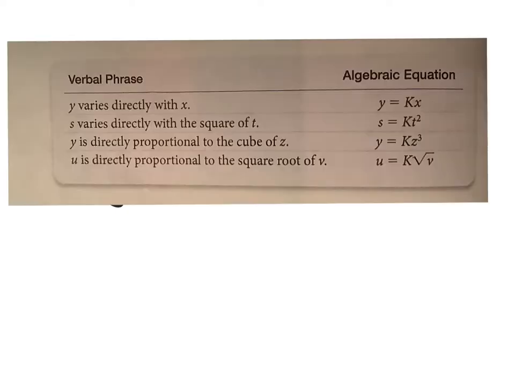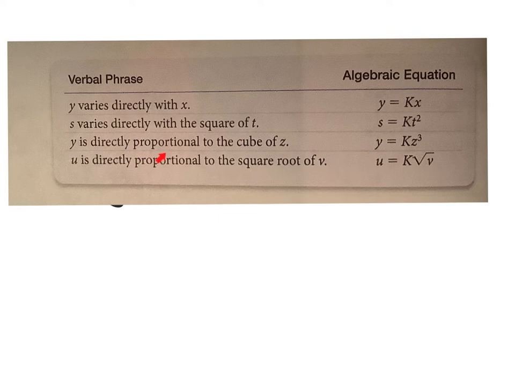So if you look at the top of page 278, you can see that there are some phrases that they give you. Y varies directly with x, and that's what I just showed earlier. Y equals k times x, and this k is a number. S varies directly with the square of t, t squared.